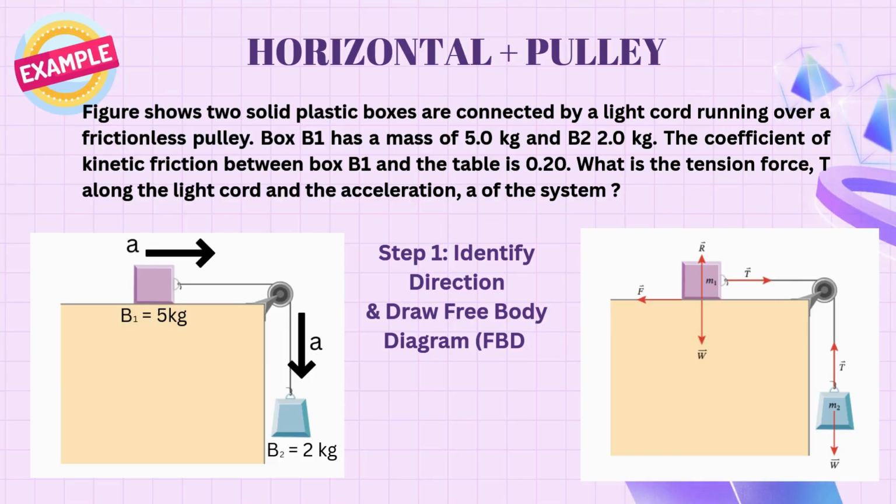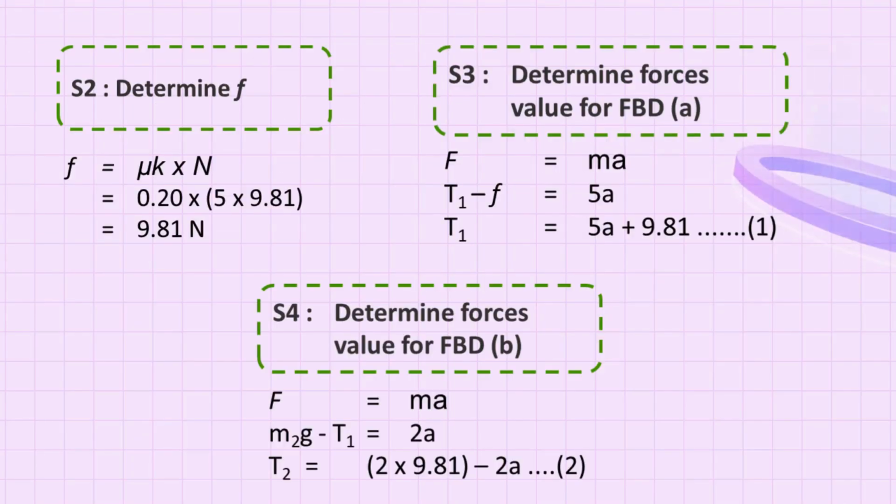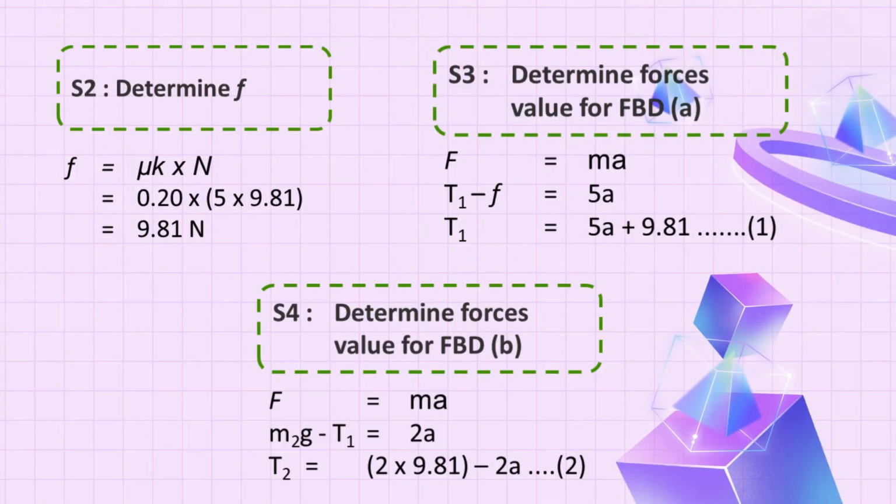Next, let us study a combined case, horizontal surface and pulley. One block is on a table and the other is hanging. First, identify the direction of motion and draw the free body diagram for both objects. Now, calculate the friction force acting on the block on the table.